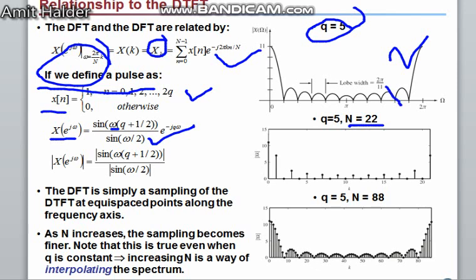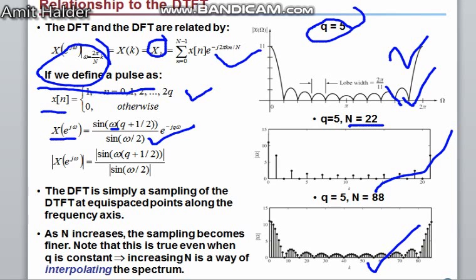That means the lobe width has been changed, the sample has been taken at 22. You will get this. If the samples are increased to 88, you will get many smaller sequences come along together, very much similar to the previous graph, whatever the input is.